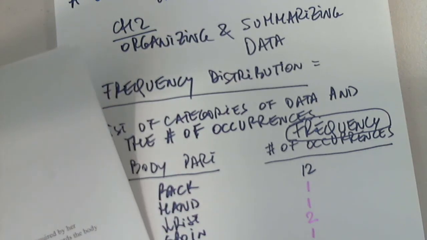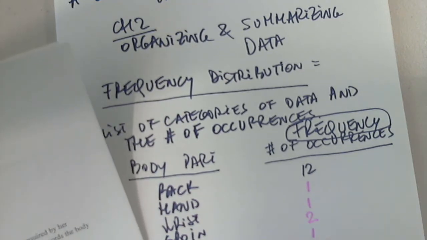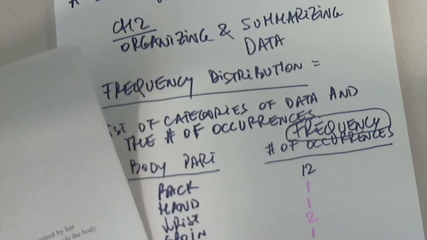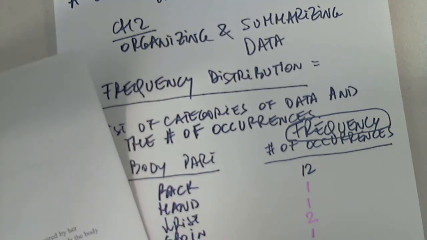For hip, 1, 2. Okay. Knee, 1, 2, 3, 4. And for neck, 1, 2.